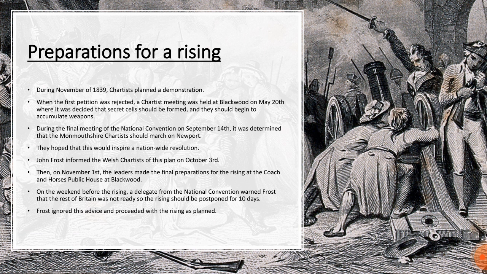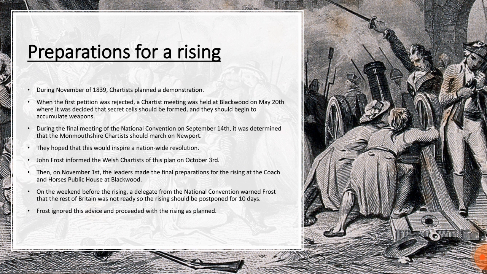So, preparations for a rising. During November of 1839, Chartists planned a demonstration. When the first petition was rejected, a Chartist meeting was held at Blackwood on May 20th, where it was decided that secret cells should be formed and they should begin to accumulate weapons. During the final meetings of the National Convention on September 14th, it was determined that the Monmouthshire Chartists should march on Newport.